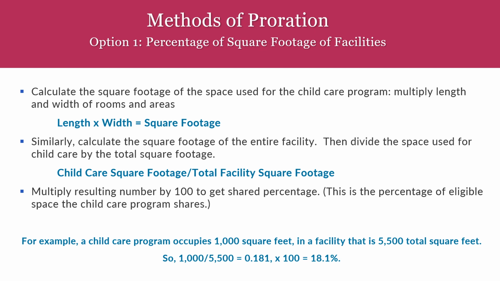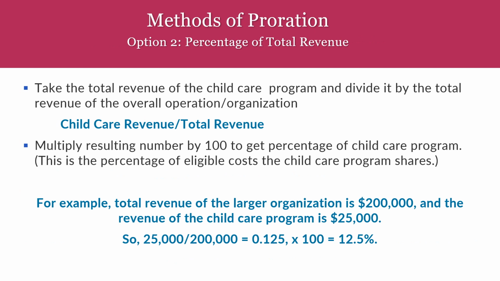Multiply that number by 100 to get the percentage of 18.1%. This means that 18.1% of your overall expenses, such as utilities and maintenance or the parking lot example from earlier, would be eligible. When you prorate something, you are calculating or assigning an amount as a share of a whole.